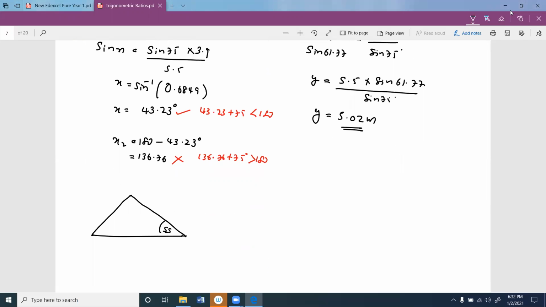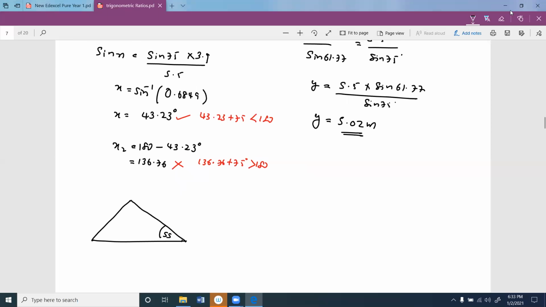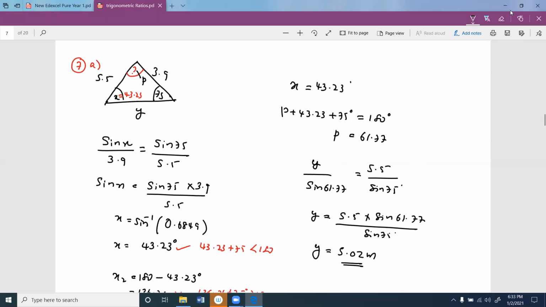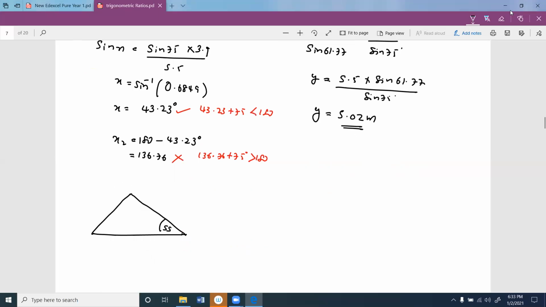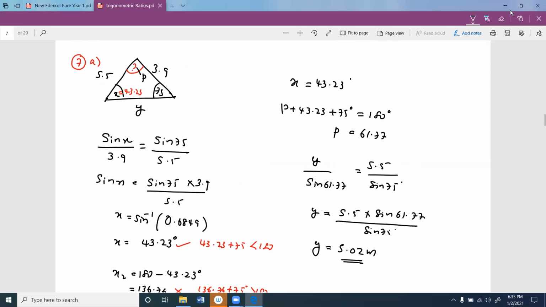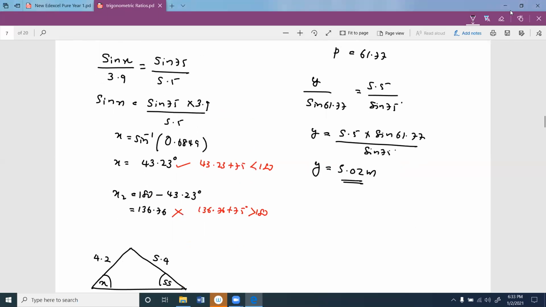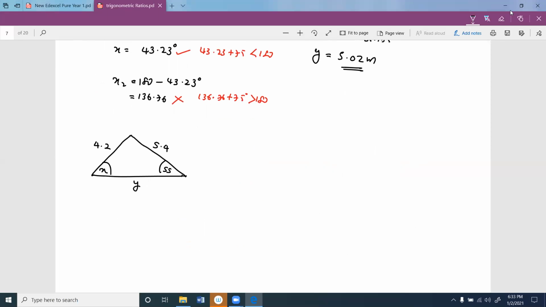This is 55, and I'll make this one 4.2 and this is 5.4. The question is to find x and y. Again, the same technique. So simply you can find it this way.